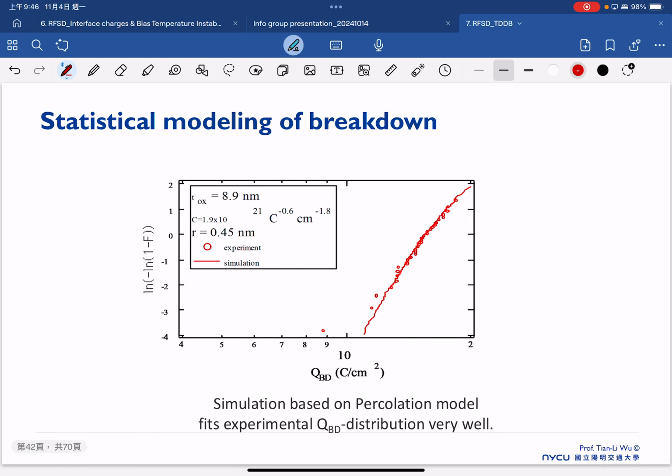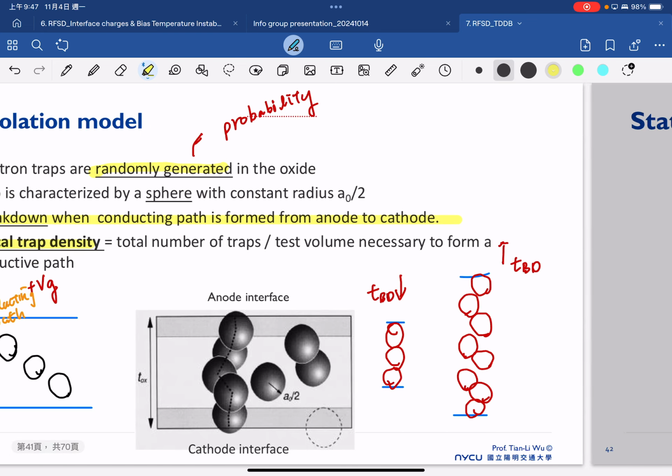So let's look at some of the experimental data. This is a simulation based on the percolation model, and this is a case where we consider an oxide thickness of 8.9 nanometers, and each defect, each trap, has a radius of 0.45 nanometers.